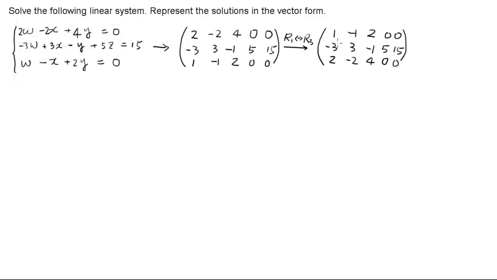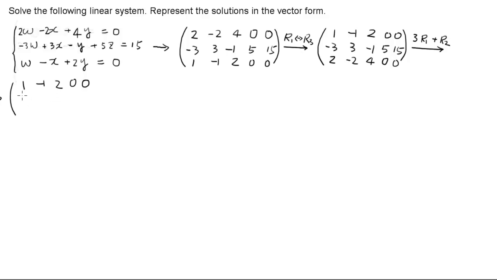And then we want to eliminate these two entries, -3 and 2 over here. So we do it one by one. First, take 3 times the first row and add it to the second one. Let me turn around. So this is what we have: 1, -1, and 2, and 0, and 0.